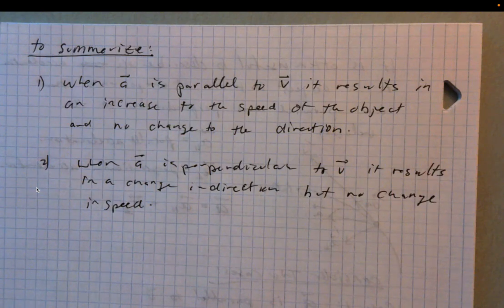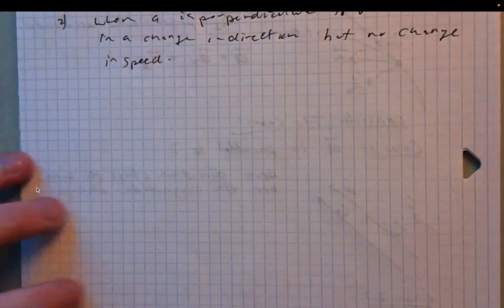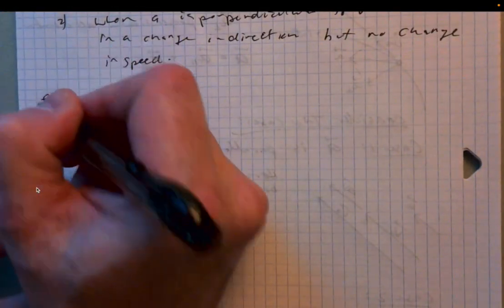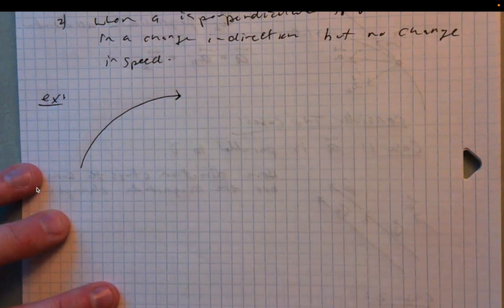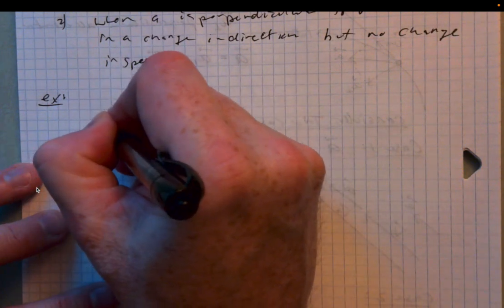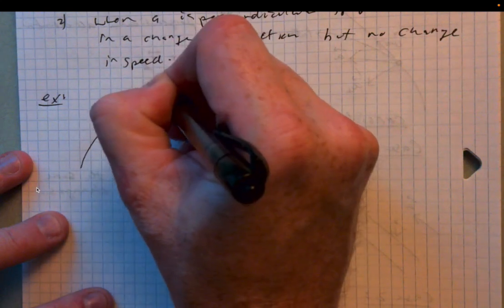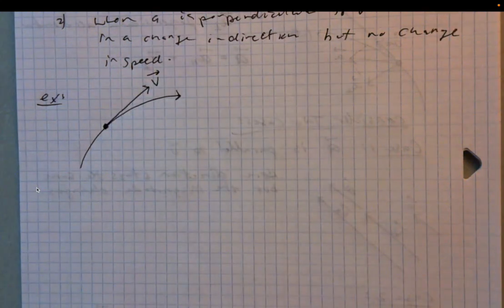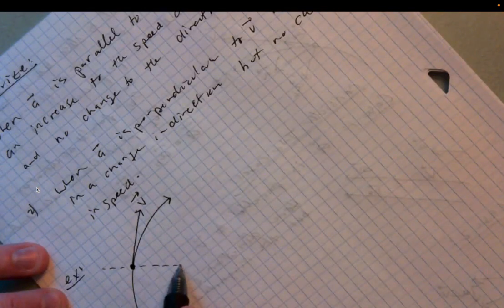All right, let's do a couple of examples to break this down a little bit. This is a super important concept. I'm just going to draw some pictures here. So let's start with, here's my path, and my point of interest is here. My velocity is in this direction, tangent to the path at the point of interest. Now let me draw a perpendicular indicator here.